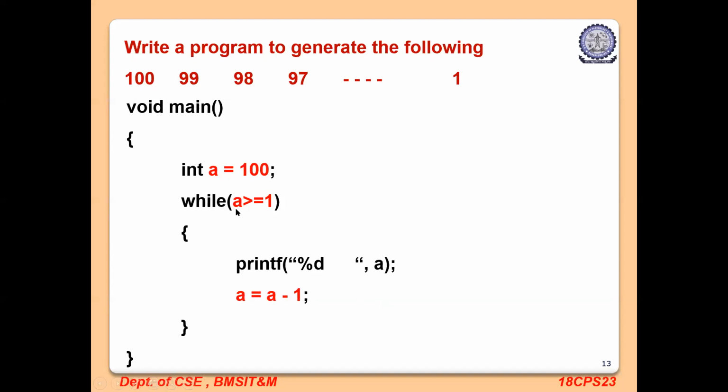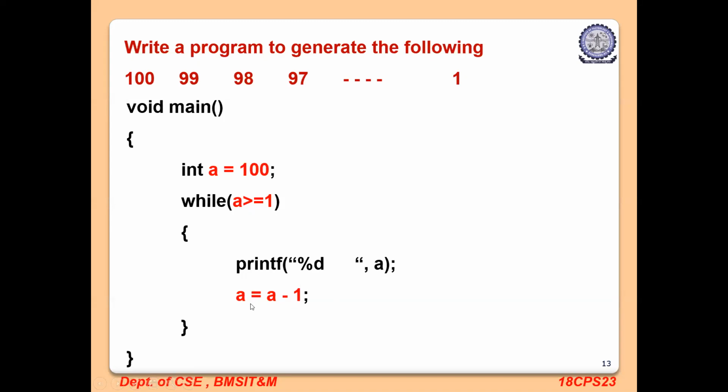It will check 100 greater than or equal to 1, yes it is. So it will print 100. Then it will reduce A by 1. Now the value of A is 99. It will come back, it will check 99 greater than or equal to 1, yes it is. So again it will print 99. So this continues until A is reduced to 0.